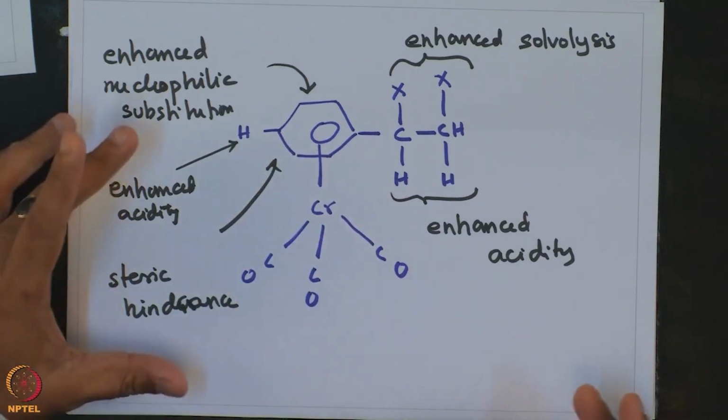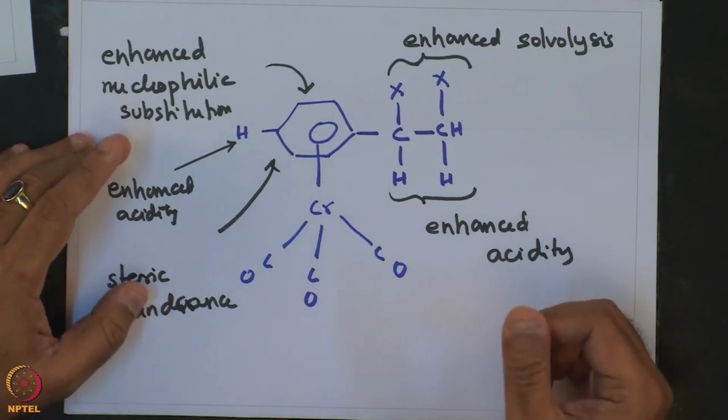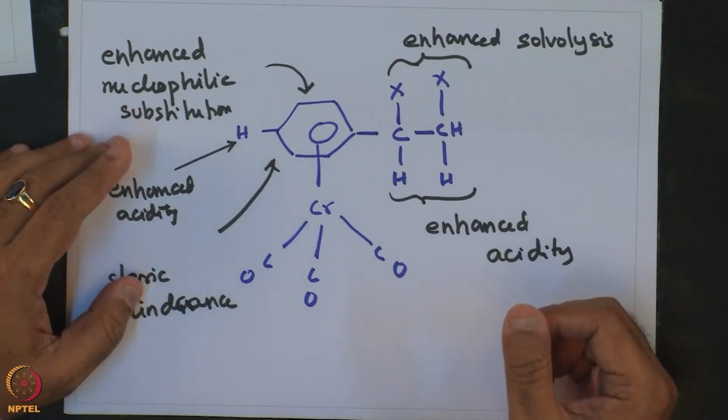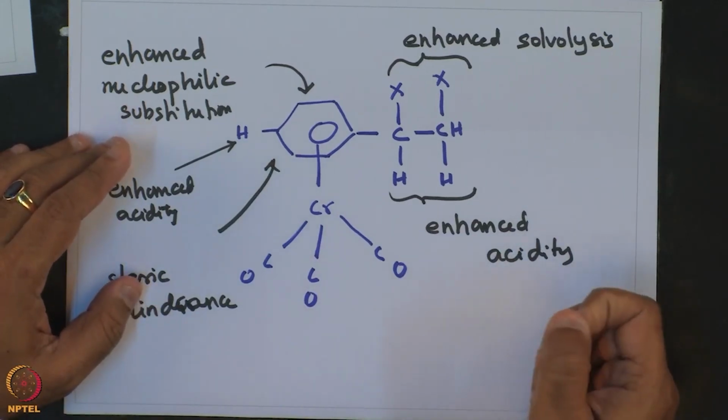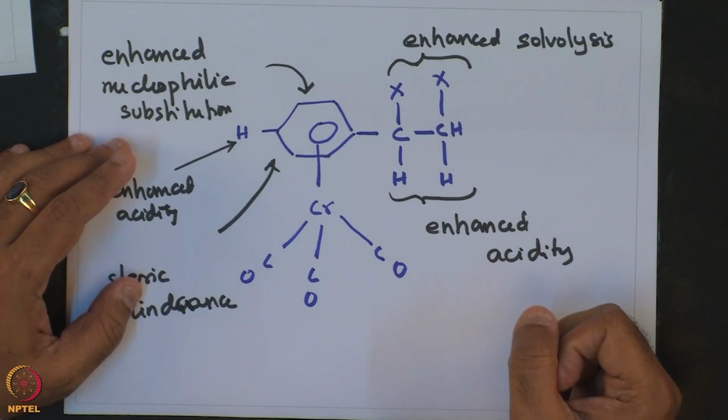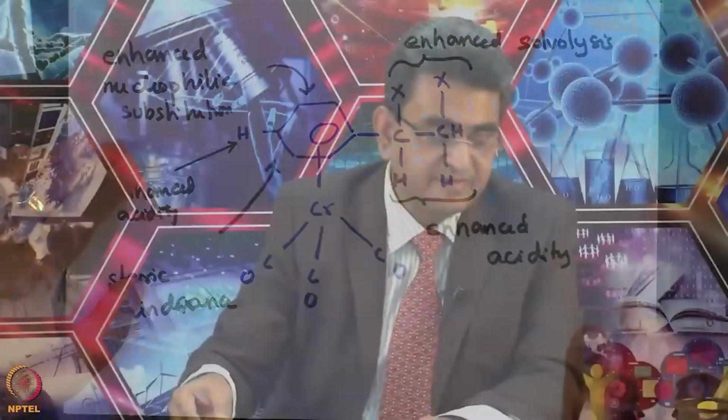So, with this reactivity scheme put in place, let us take a look at some of the reactions which these arene chromium tricarbonyl complexes exhibit. The first and foremost is the electrophilic substitution.